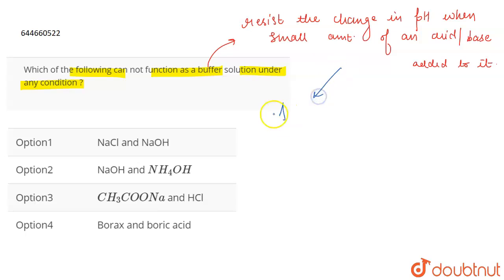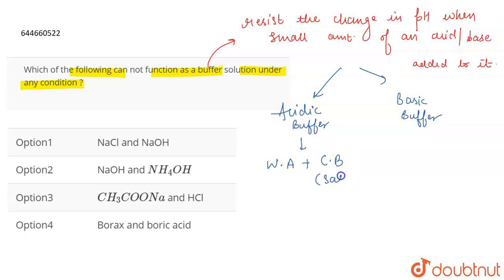Now, buffer solutions can be acidic or basic. An acidic buffer is formed by a combination of a weak acid and its conjugate base, which is a salt.